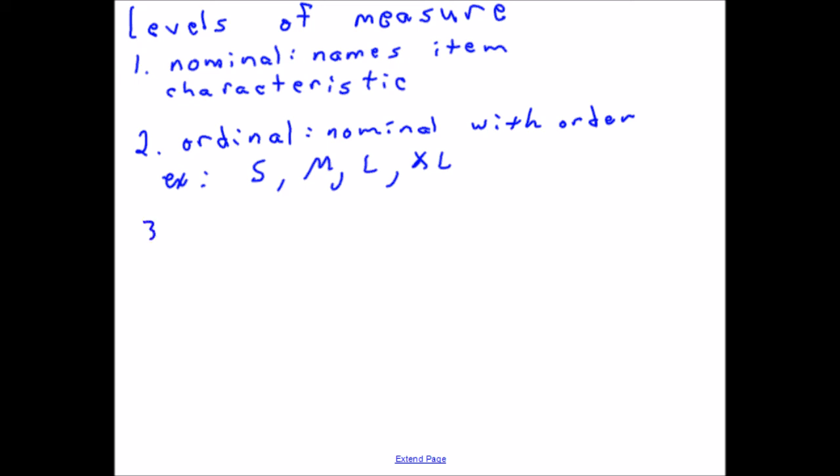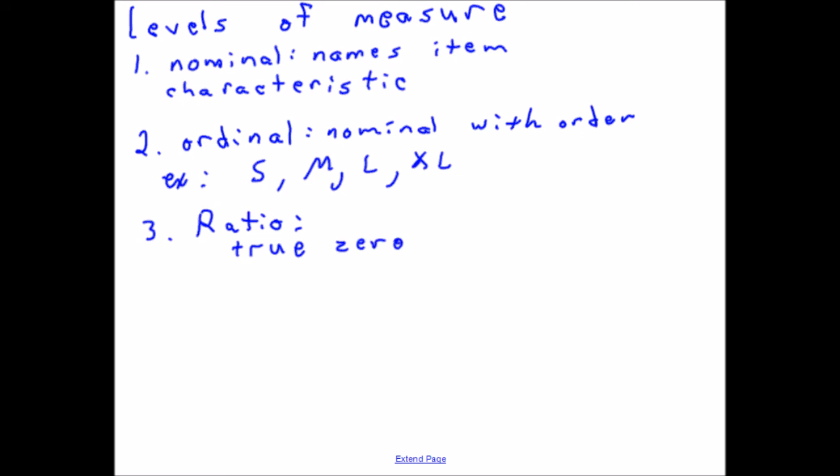When we get to the third and fourth type, they are quantitative data. The first type is called a ratio level of measurement. And the idea is that there is a ratio between two items, between two particular values. One way to key on that is to think there is a true zero.